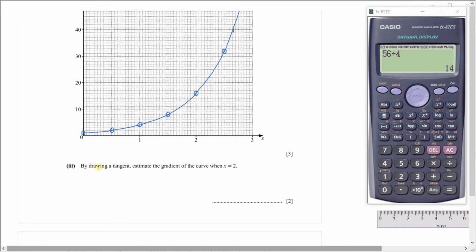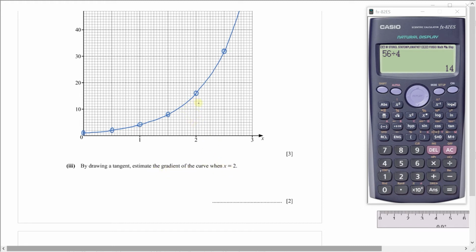The next part is by drawing a tangent, estimate the gradient of curve when x equals 2. So x equals 2 is this point. So you will draw a straight line that just touches the curve at x equals 2, and the gradient of that line will give you the estimate for the gradient of curve when x equals 2.